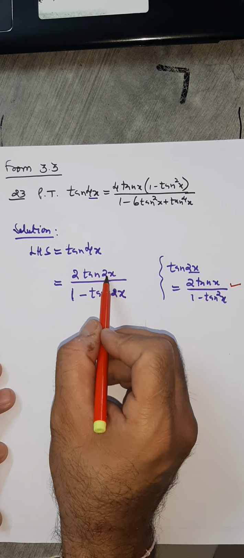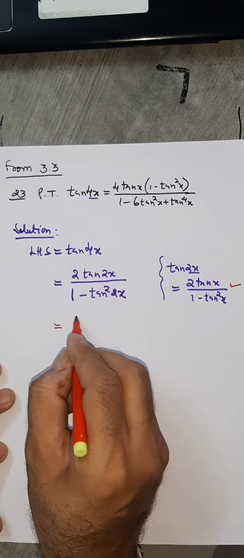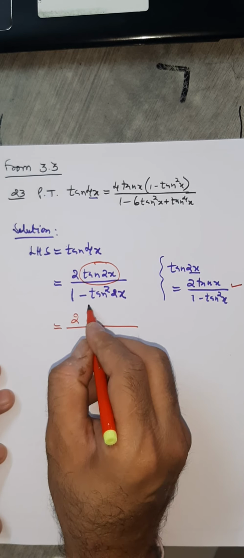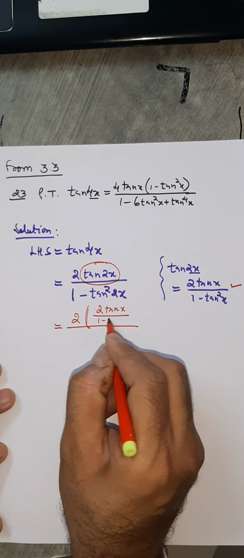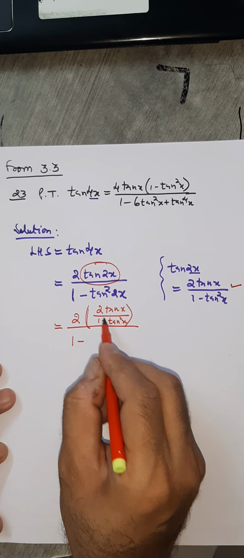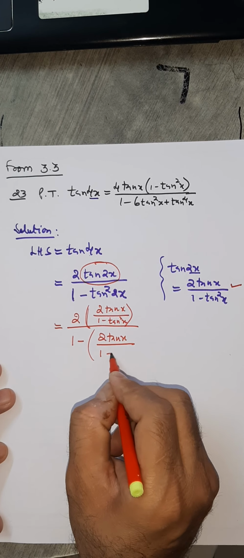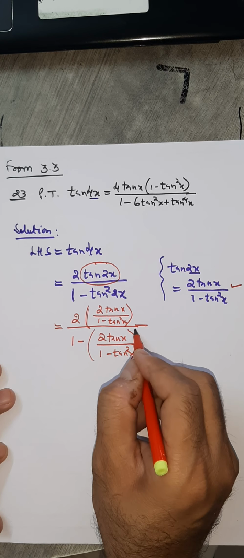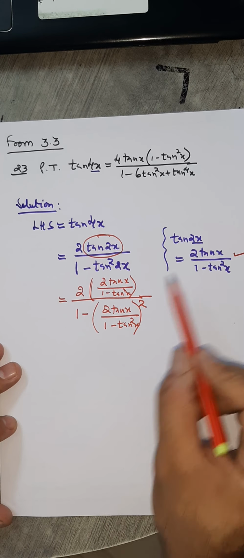From tan 4x to 2x, I want it in the form of x. So I'll use the same formula here, 2 as it is. In place of tan 2x, I'll write 2 tan x upon 1 minus tan square, and in the denominator 1 minus 2 tan x upon 1 minus tan square, the whole square. Remember the square is there.